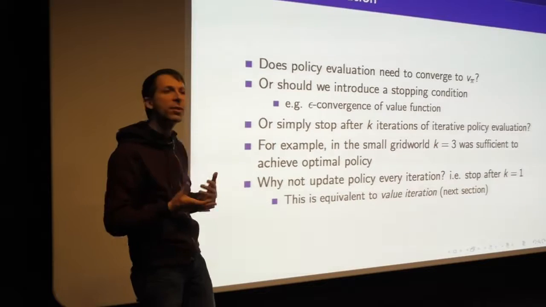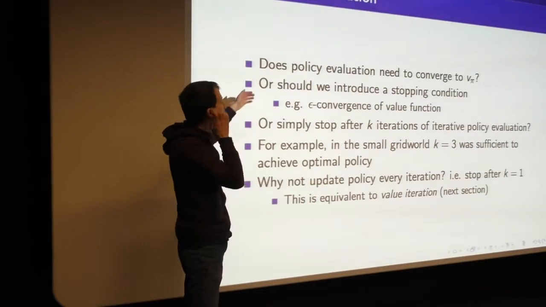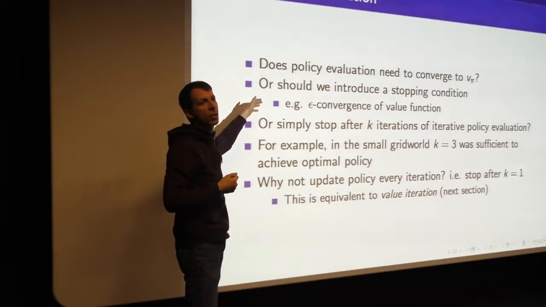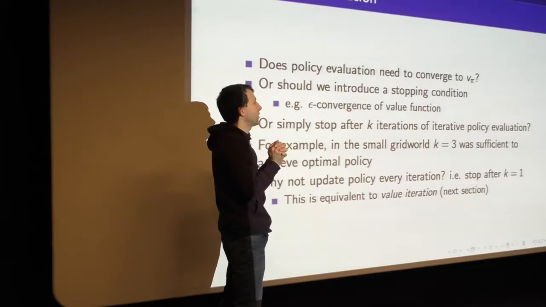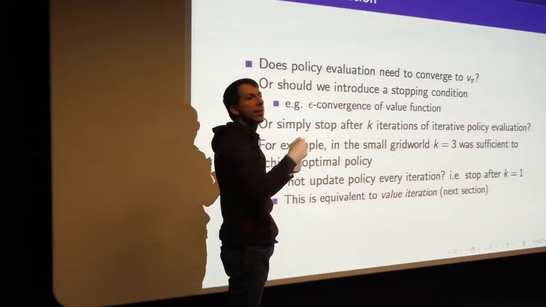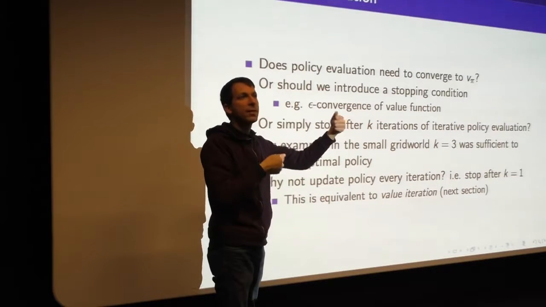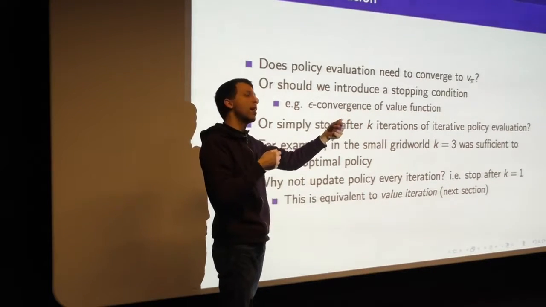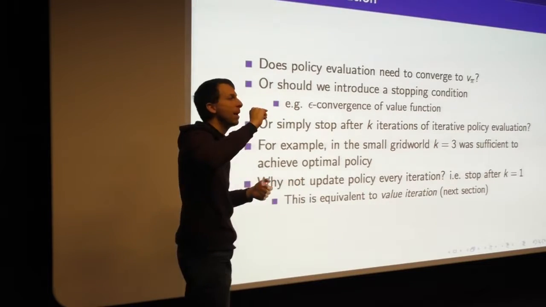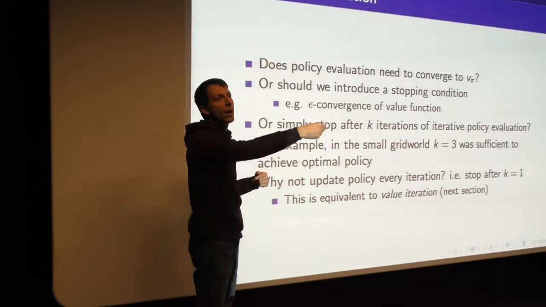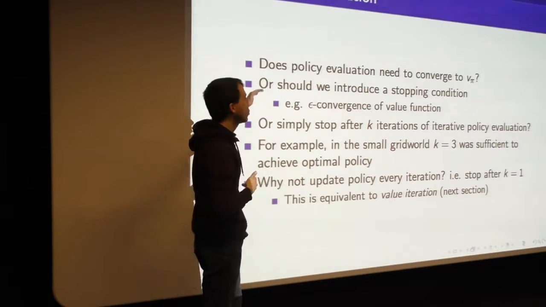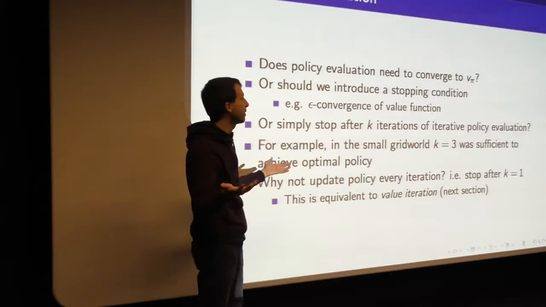There are two ways you can think of this. One thing you can do is have a stopping condition where you get close enough to the value function you care about. You could look at your Bellman error, at how much your Bellman updates are changing the value function. When they are only changing the value function by some tiny amount, epsilon, then you can just stop. You don't need to get every decimal place perfectly right. You can choose when to stop and apply your policy improvement.